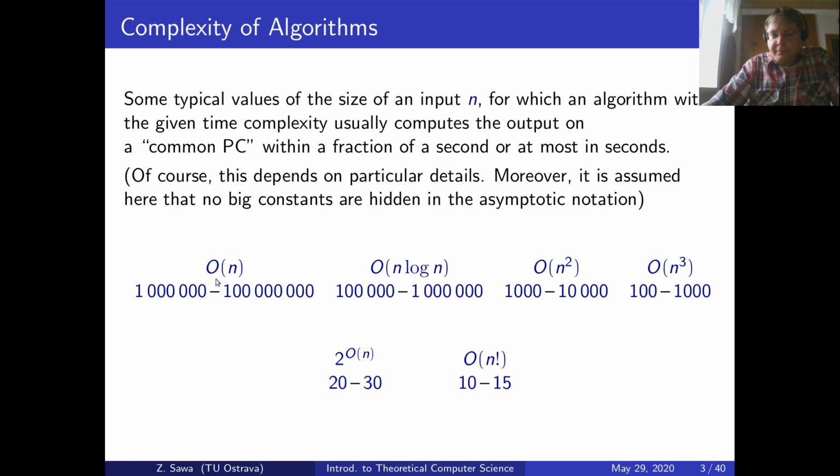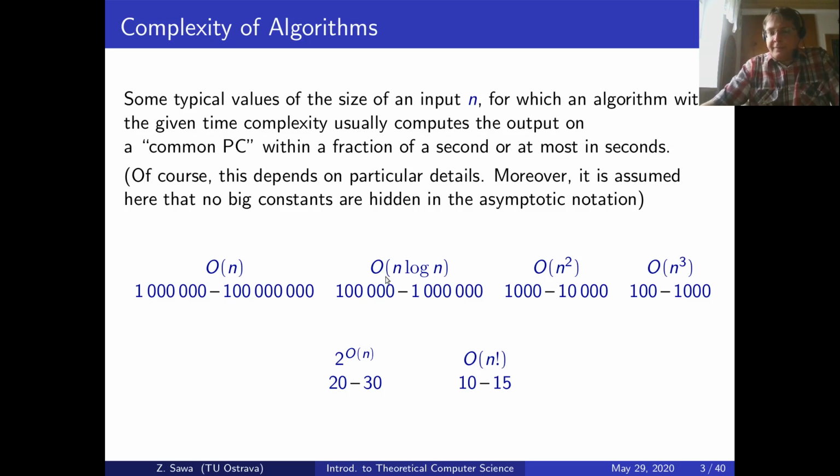If we have an algorithm with complexity in big O n, so with linear complexity, then in a second or several seconds we could easily process inputs of size from 1 million maybe to 100 of millions. So rather big inputs could be processed quite fast by this algorithm.